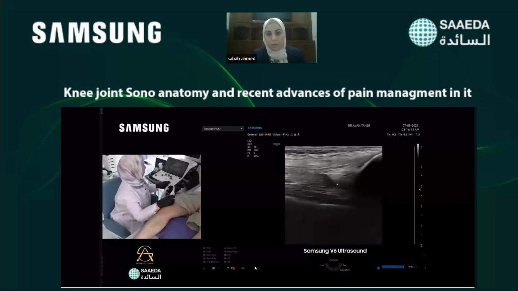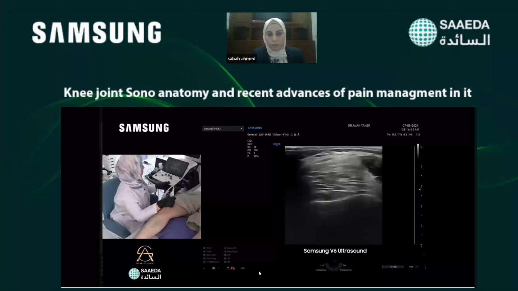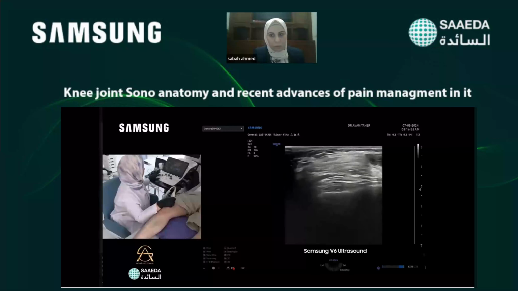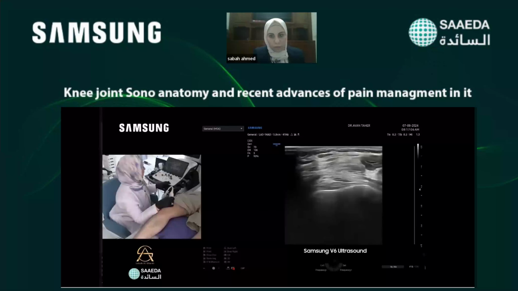By making your probe in the short axis, you can do the injection here in the suprapatellar recess, either from lateral to medial or from medial to lateral. So this is the first approach, the suprapatellar recess.